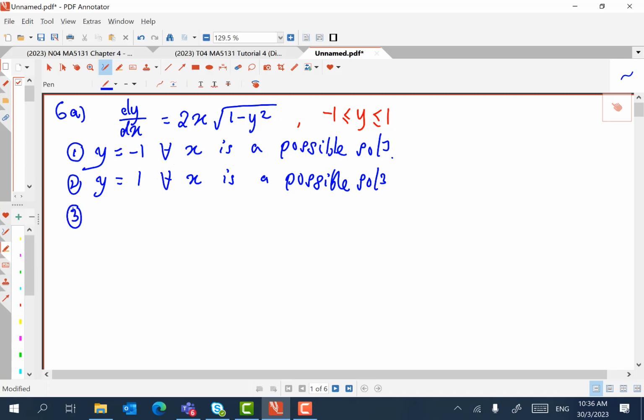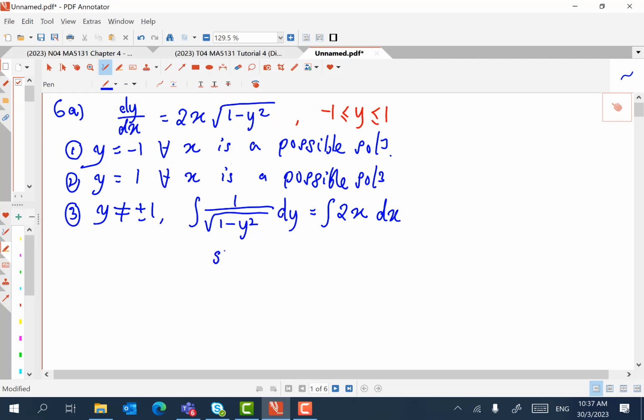And for the third case, when y isn't plus or minus 1, now I can divide them into two separate parts: the y's on the left and the x's on the right. On the left, we know how to integrate this. This is going to be sine inverse.